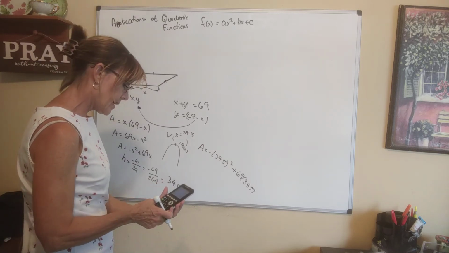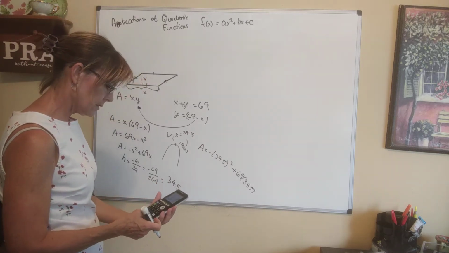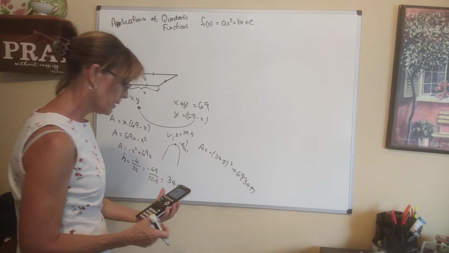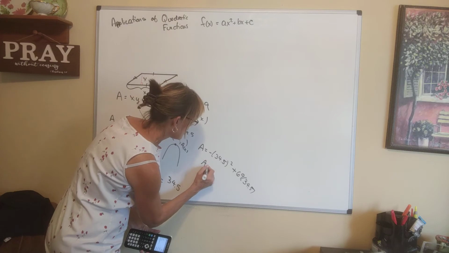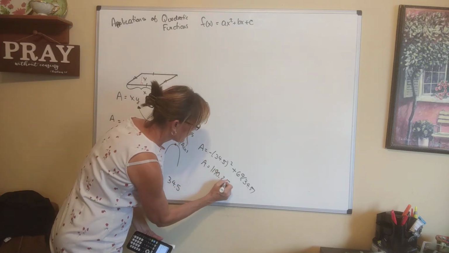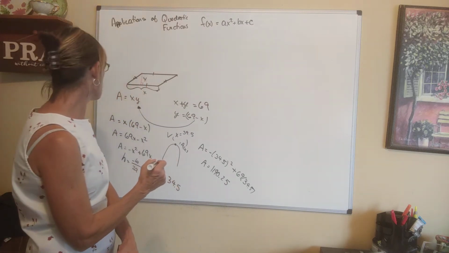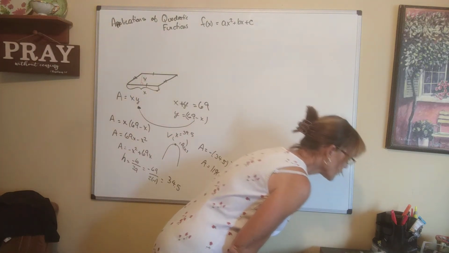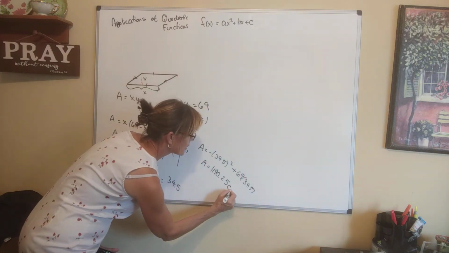Now I'm going to add 69 times 34.5 and I will get the maximum area of 1190.25 square. What units am I in here? Square centimeters.